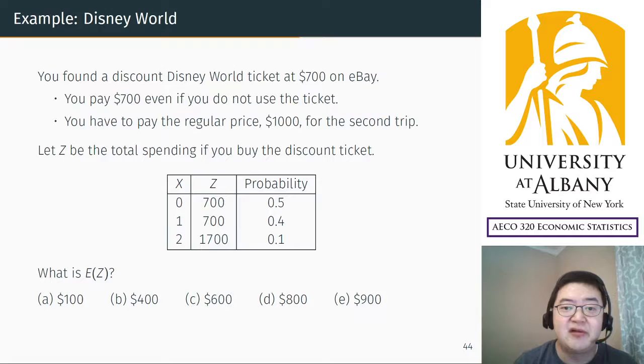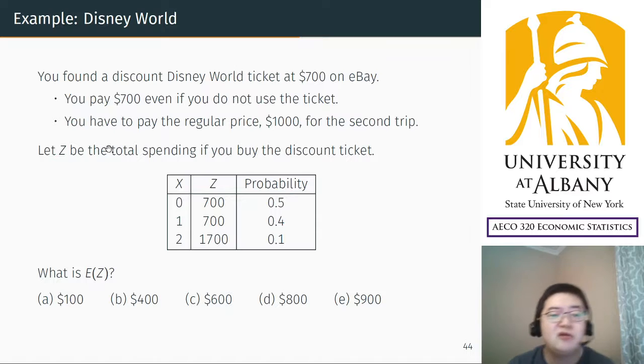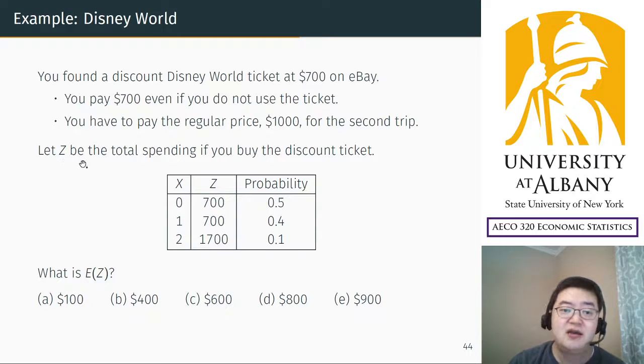It may not be available tomorrow, so I have to do the math right now. I will define another new random variable z as the total spending when I buy this ticket.